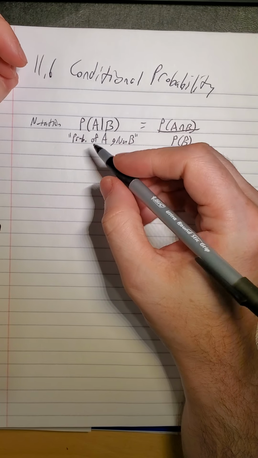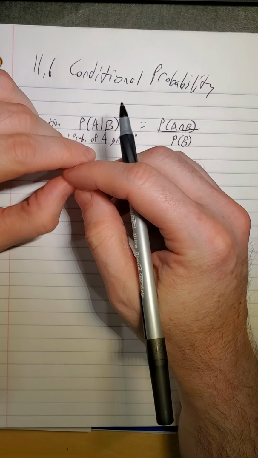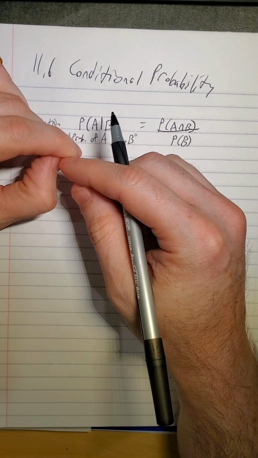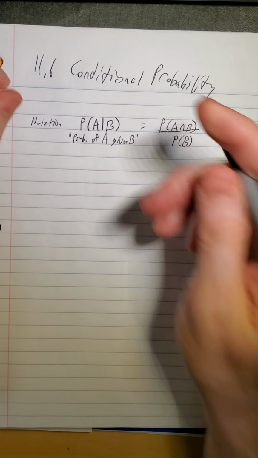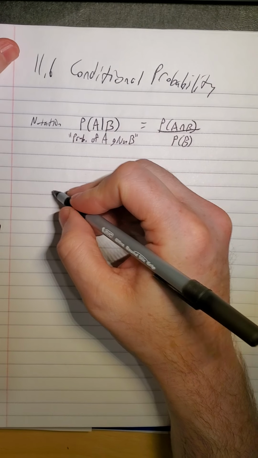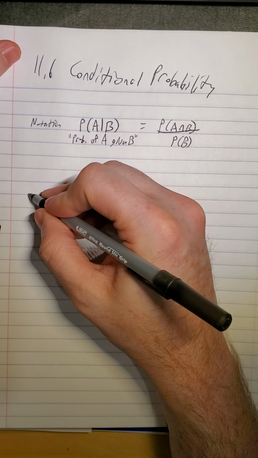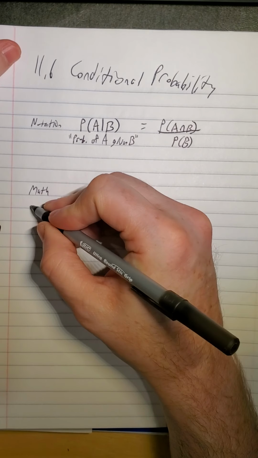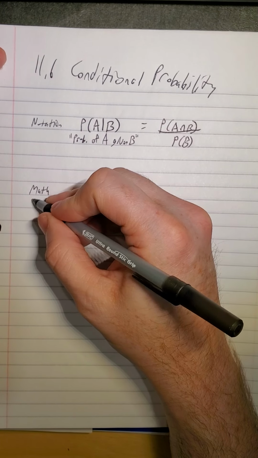So we'll start with a little table. We'll look at then some card examples, some dice examples, and go over a very famous problem. So we'll start with what's called a two-way table.